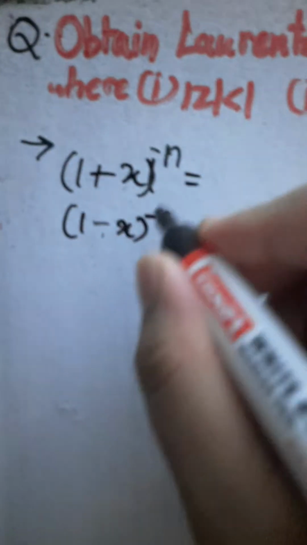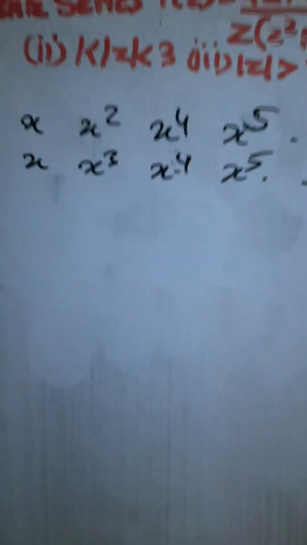1 plus x raised to minus n, 1 minus x raised to minus n is 1, 1, x raised to 2, x cube, x raised to 4, x raised to 5, x raised to 6, sorry, x raised to 5. Hey, wait a second, what did I do just now? Yeah, x raised to 5. So this goes on, the power is increasing.